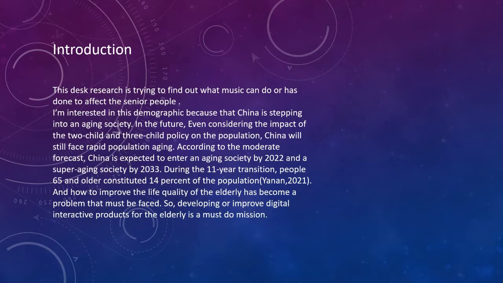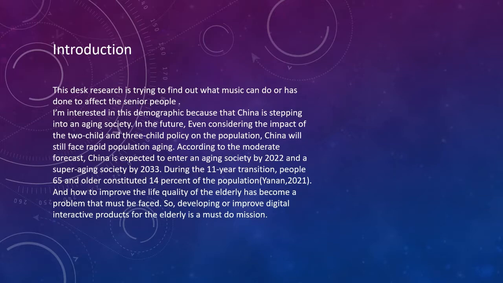In the future, even consider the impact of the two-children, three-children policy on the population. China will face rapid population aging. According to the moderate forecast, China is expected to enter an aging society by 2022 and a super-aging society by 2033.